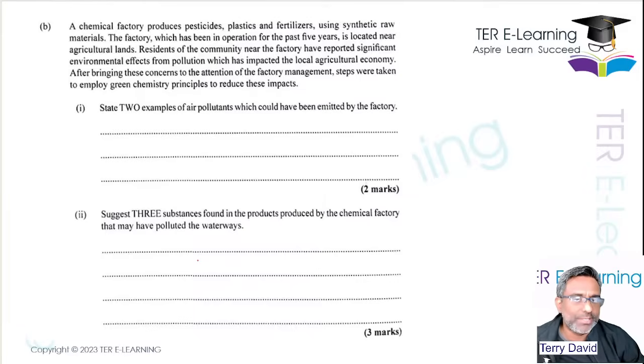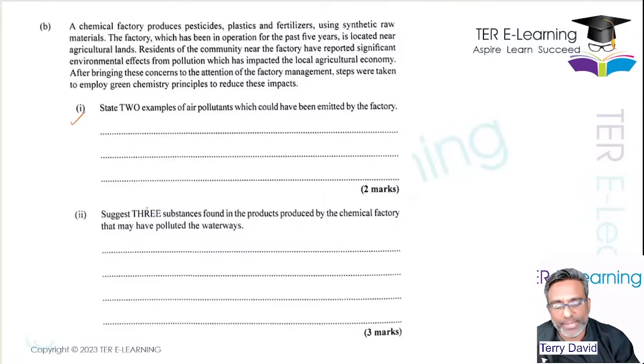Residents of the community near the factory have reported significant environmental effects from pollution, which has impacted the local agricultural economy. After bringing these concerns to the attention of the factory, steps were taken to employ green chemistry principles to reduce these impacts. So the first thing says, state 2 examples of air pollutants that could have been emitted from the factory.